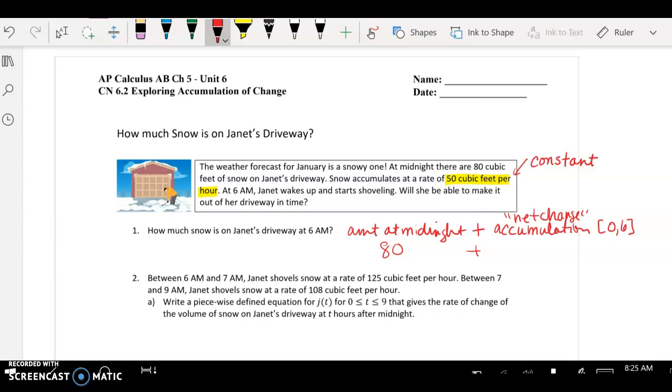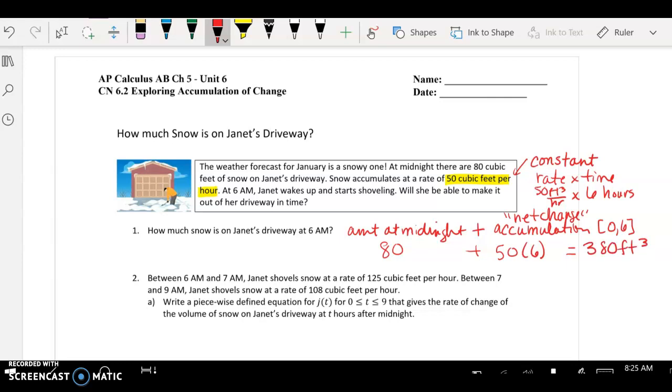If you know the rate and you know the time, to figure out the amount, it's going to be your rate times your time. So 50 cubic feet per hour times 6 hours would give us how many cubic feet we're going to add for this net change. So our 50 times 6, and that gives us a total amount on her driveway of 380 feet cubed.